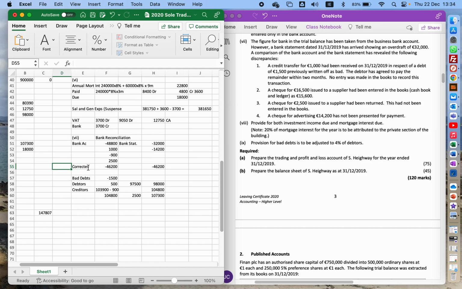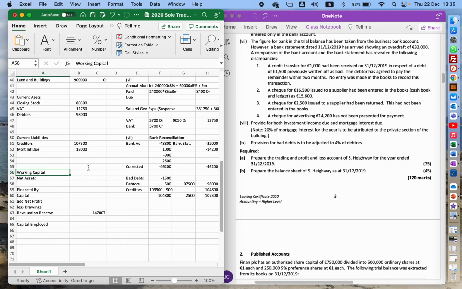So that figure then is a minus. So I can put that straight into my current liabilities. Right, and that advertising check, I don't need to do anything with it because it was dealt with properly.